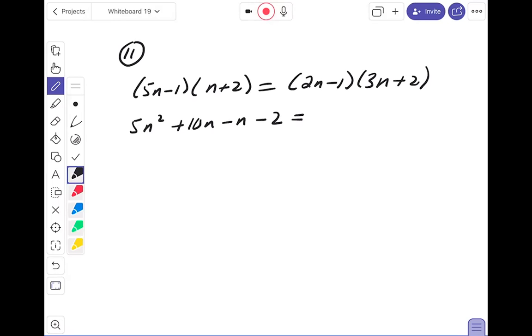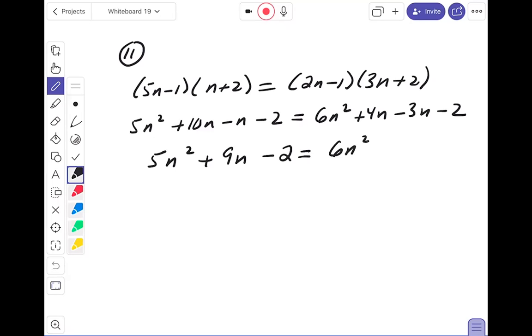All right, multiply the next guy out. It's going to be 6n squared plus 4n minus 3n minus 2. Combine like terms. 5n squared plus 9n minus 2. 6n squared plus n minus 2.